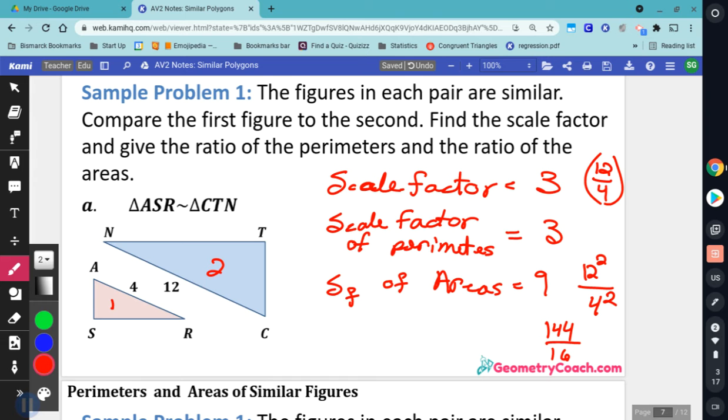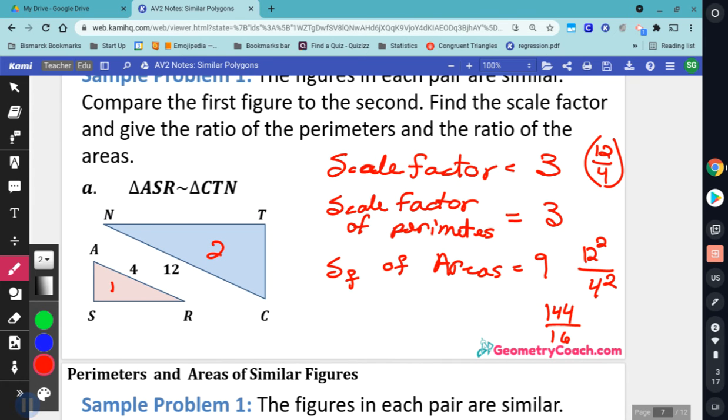Right? Let me check that. 144 divided by 16 should be 9. Yeah, if I type it right. Yes. So it's just the scale factor squared. Scale factor of the linear sides is 3. Scale factor of the areas is 9.